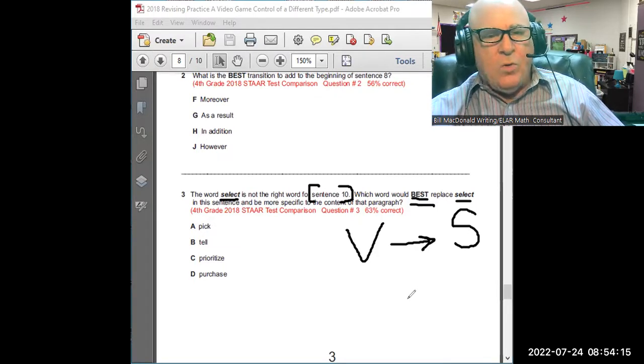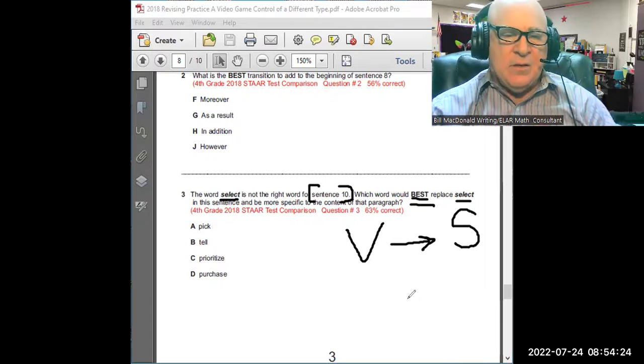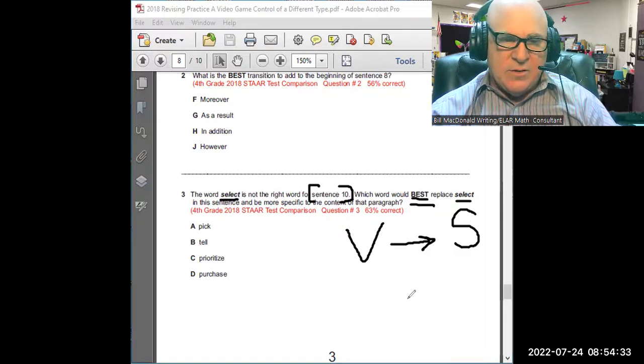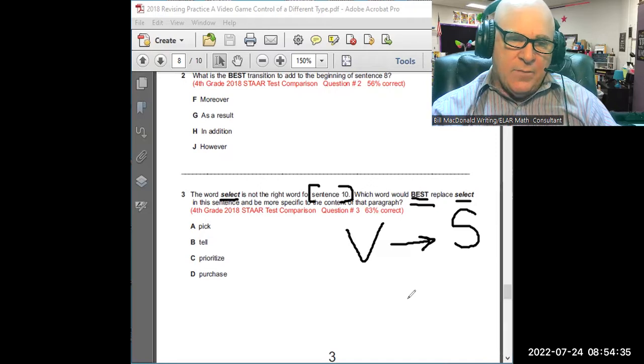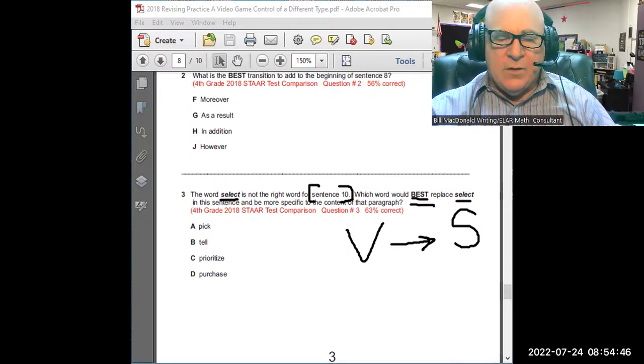So this is the only question in the entire 8 questions from 4th grade, the one that was like it, where they asked the kids to choose the best word choice for the context of a sentence. So pick, tell, prioritize, and purchase.